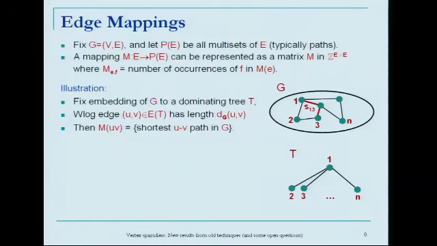Maybe the shortest path between vertices 1 and 3 is this S_13. We fix these shortest paths, breaking ties somehow. There are these shortest paths between every pair of vertices.